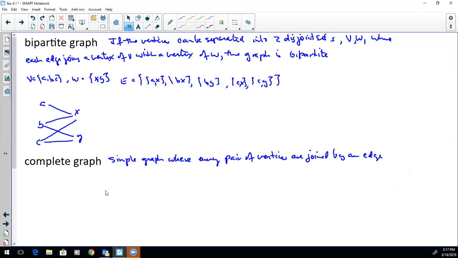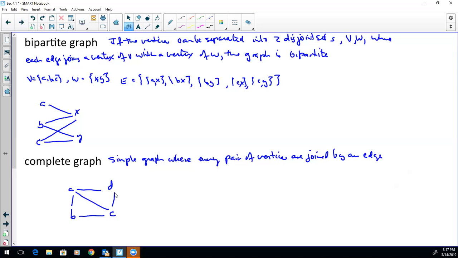Okay, let's suppose we have, say, 4 vertices here. A, B, C, and D. Okay, so if they're joined here, A is joined to B, A is joined to D, A is joined to C. Okay, C is joined to B, C is joined to A, got that.